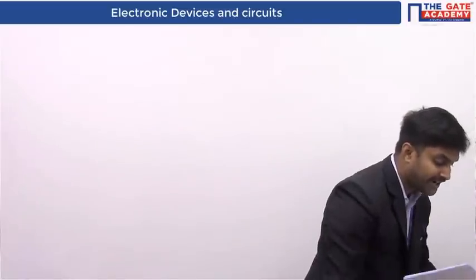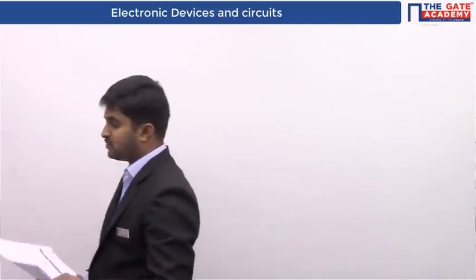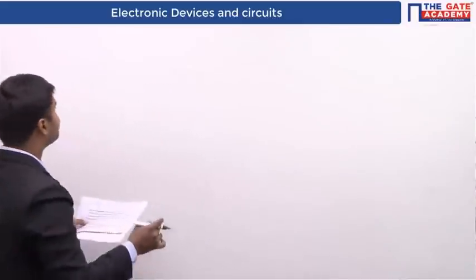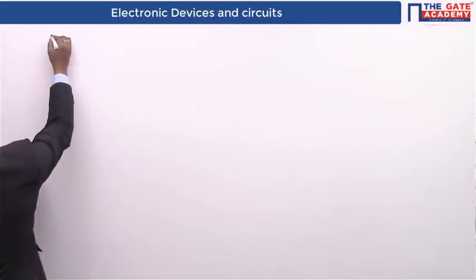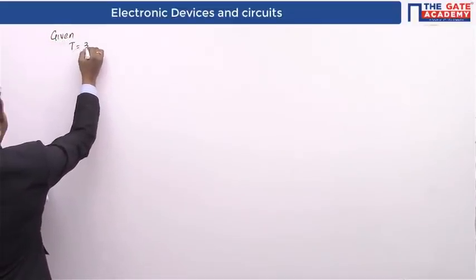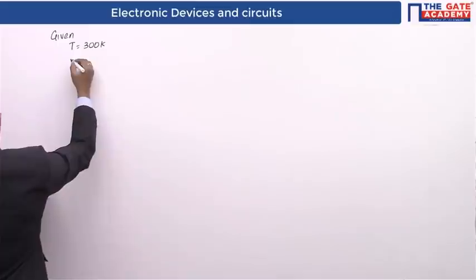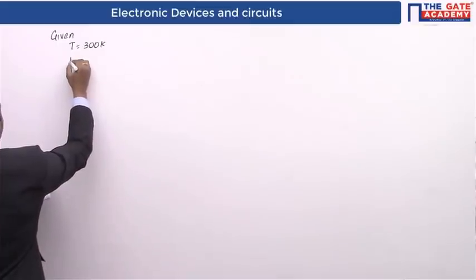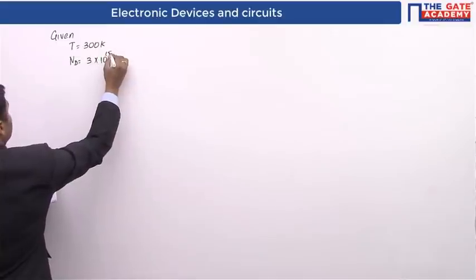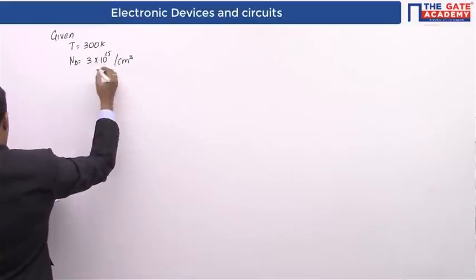Let me again write down the important data given in the question. The topic is optical excitation. The temperature is 300 Kelvin. Donor density ND is 3 into 10 power 15 per centimeter cube.